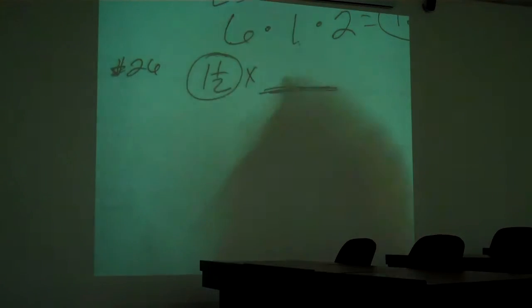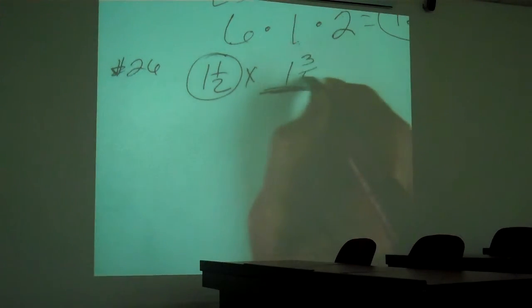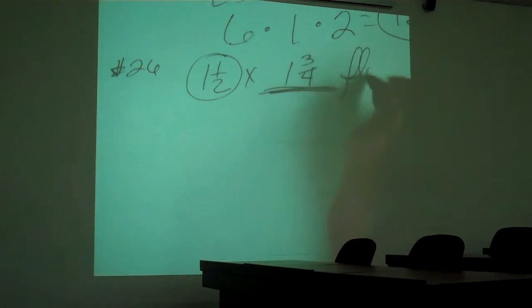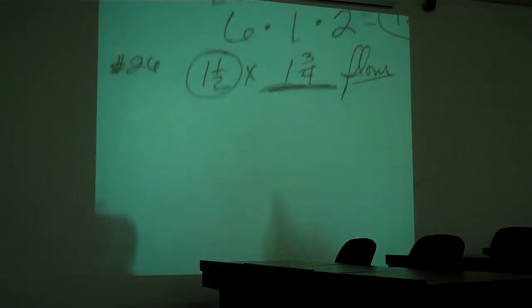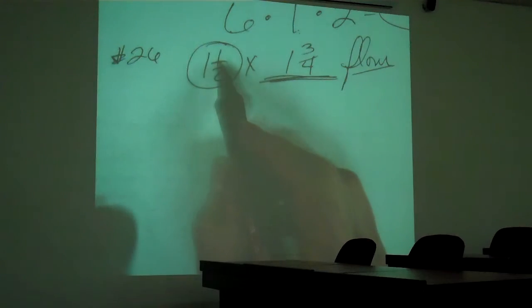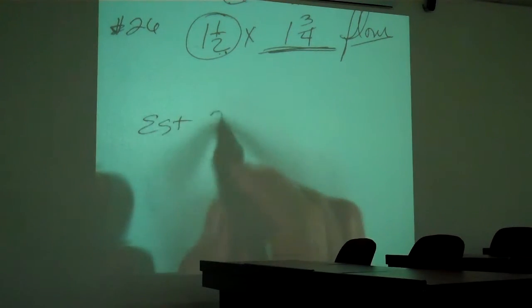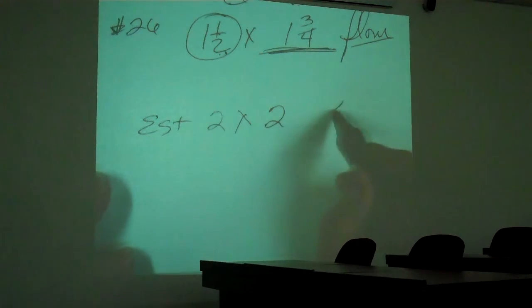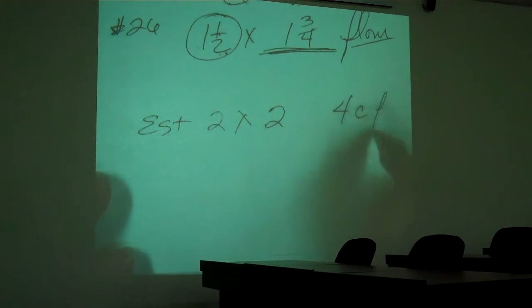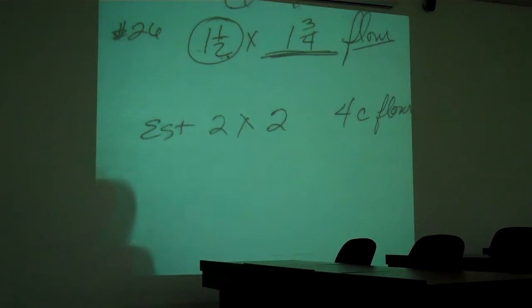Flour says 1 3/4. This is for flour. Okay, it wants an estimate and an exact also. For the estimate, this is a half or more, so go to 2. Half or more, go to 2 again. So about 4 cups of flour is your estimate, but that's going to be more than you really need.